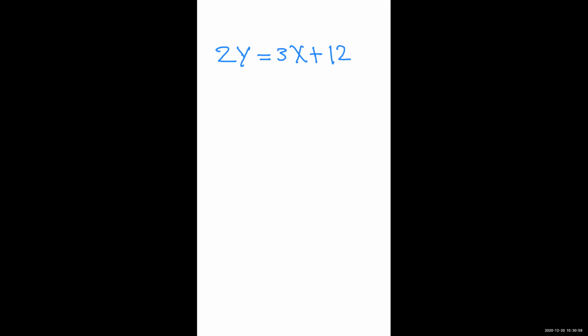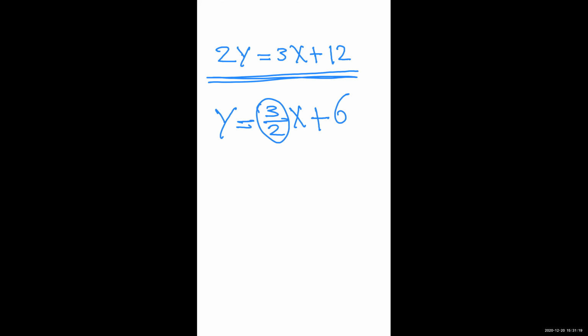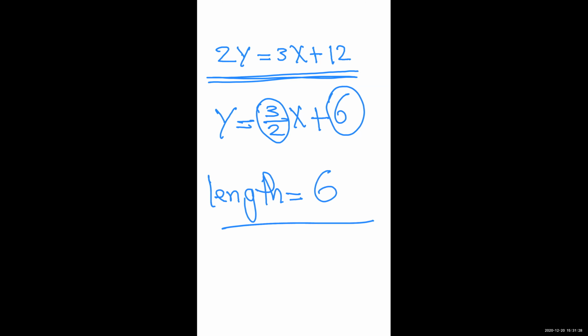So I want y equals, then I have to divide by 2: 3 over 2 x plus 12 over 2, which is 6. This one is the slope, and the absolute value of the constant is the intercepted part. So the length of the intercepted part will equal 6, and that is what is required in this question.